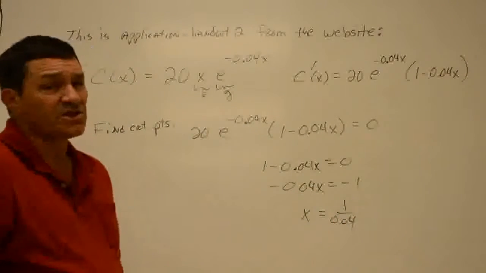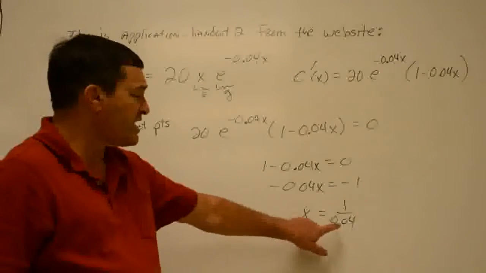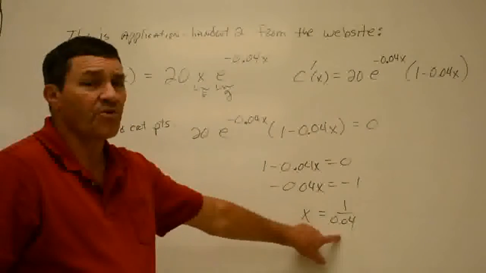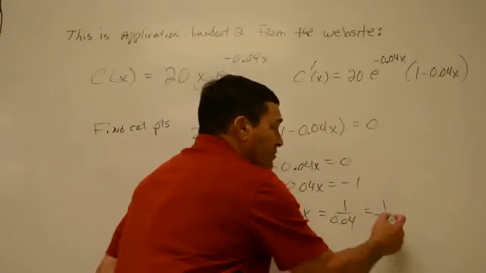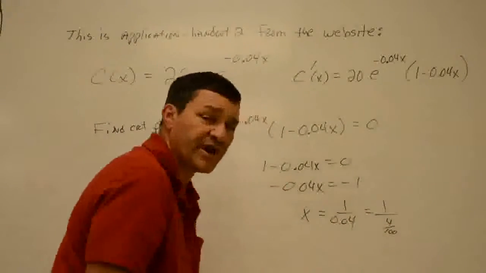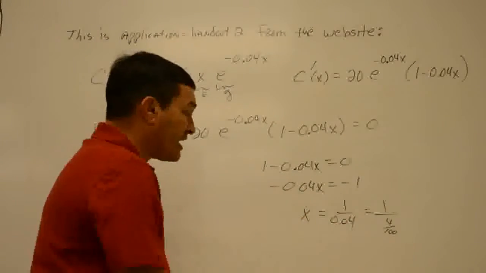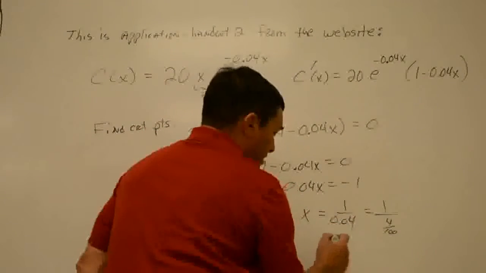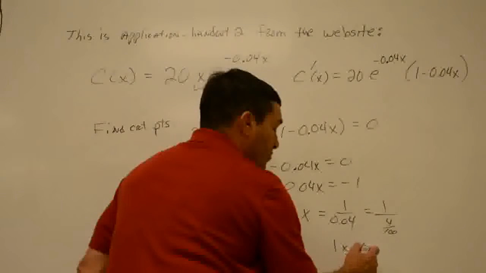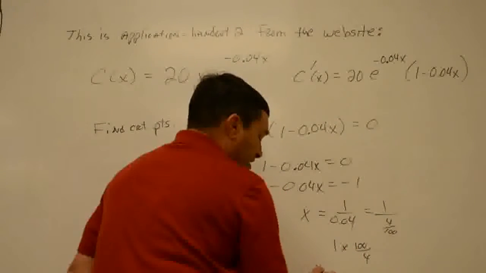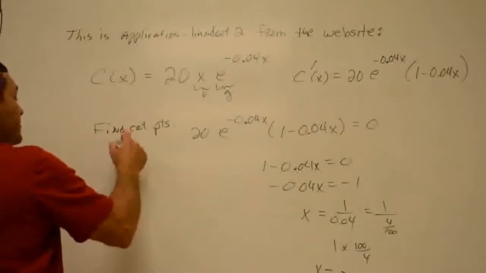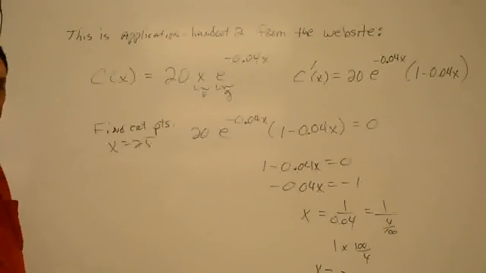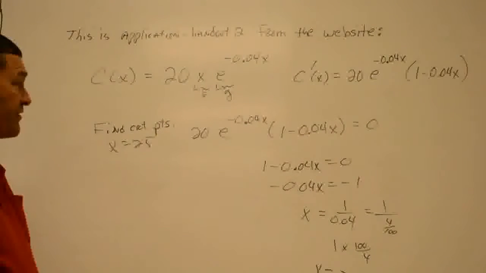And again, if you had to, you could get a calculator, but just think for a second. 0.04 is 4/100ths, and so this is the same thing as 1 divided by 4/100ths. Well, how do you divide a fraction? You invert and multiply. So see, that's going to be 1 times 100 over 4, which is just 25. So you get x equals 25. That's your critical point. X equals 25 is your critical point.